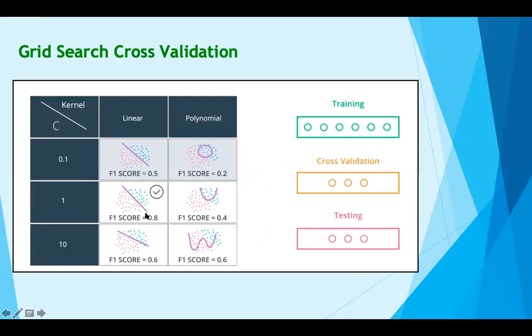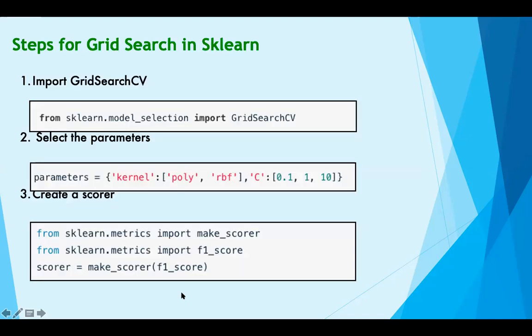Now, how do we implement this in code using sklearn? Let's take an example. We want to train a support vector machine model. We have decided to take the parameters kernel, poly and RBF, and gamma 0.1, 1, and 10.